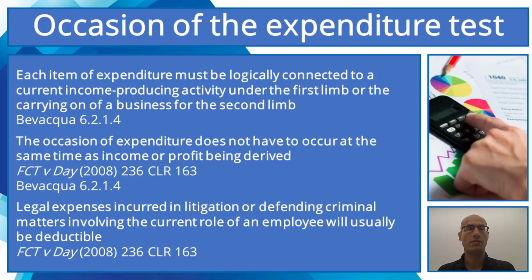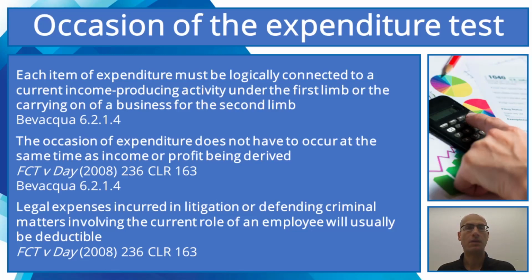Now, the reason that I say that is that income itself can be derived at a later period of time. So your income that may be logically connected may come at a later period of time, or the profit from a business may come at a later period of time. That's fine. The courts accept that.